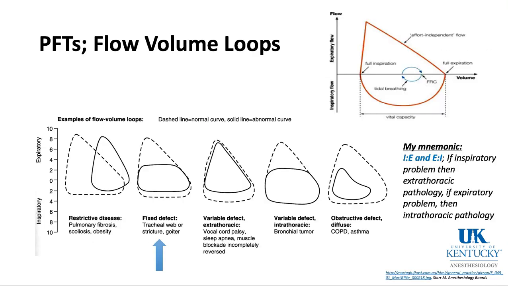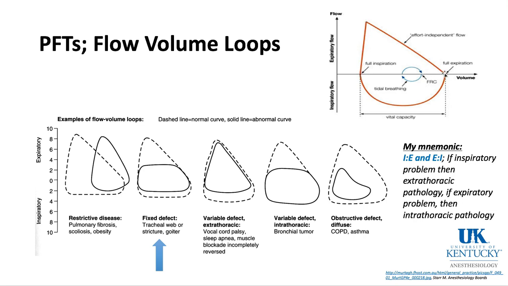Let's look at flow volume loops next and look at the graphic at the top right first. This graphic is showing inspiration underneath at the bottom of the inspiratory flow and expiratory flow curve, and at the top expiration.